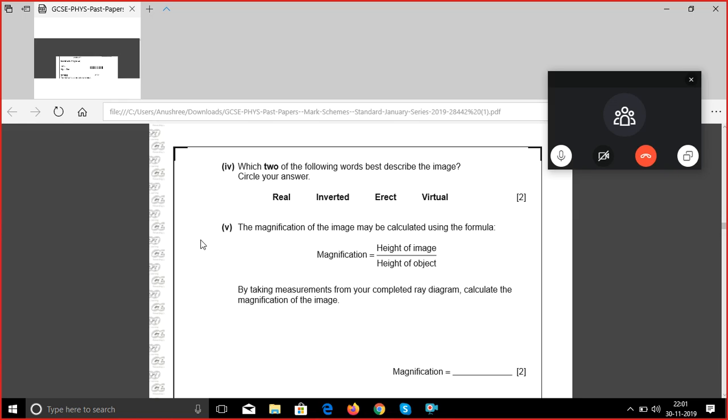So the two words which best describe the image are it's erect and it's virtual. Yes, that's correct.